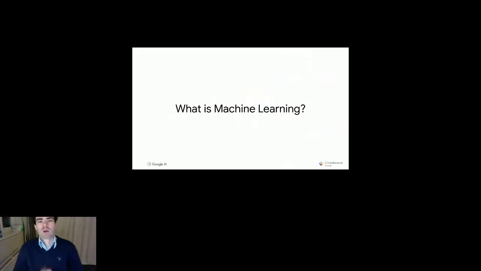Okay, so recapping where we were previously. What is machine learning? Well, I think we concluded that machine learning is not as distinct from other methods and practices of statistical inference that we know from high school or university. It's just another way of looking at data and making conclusions from data.